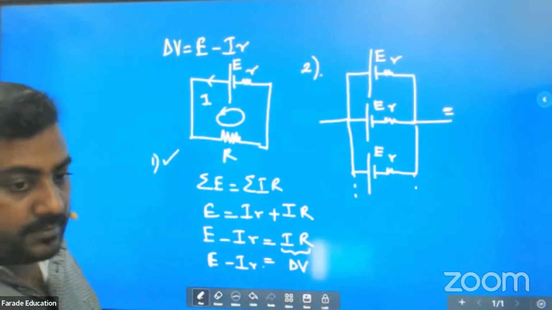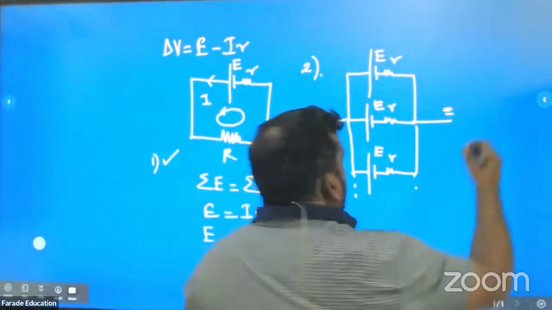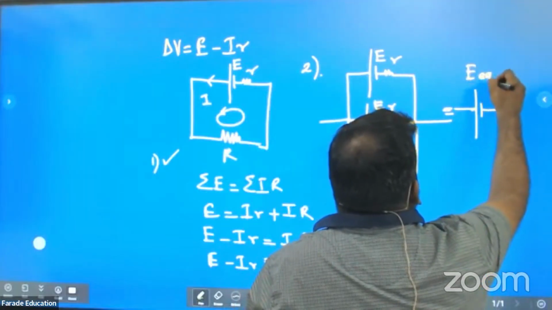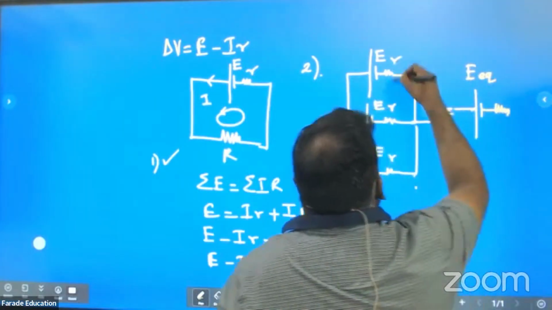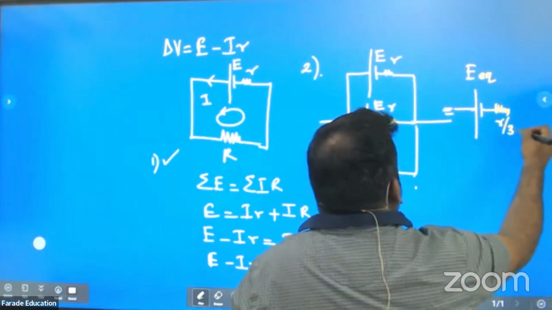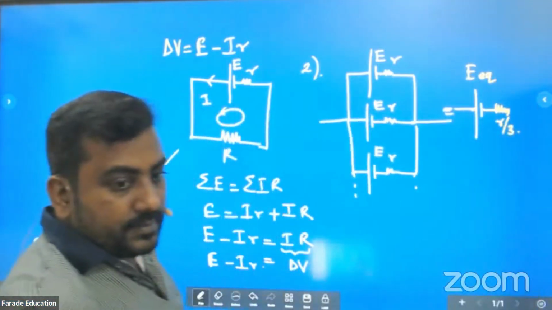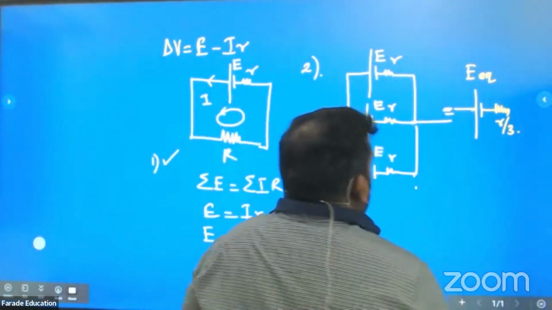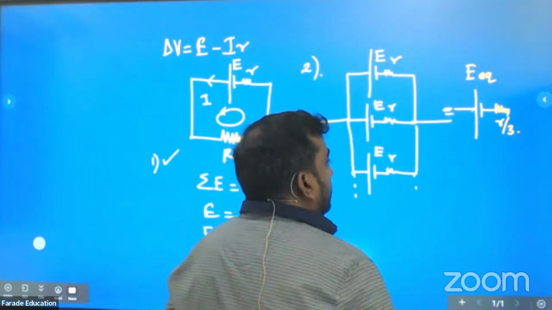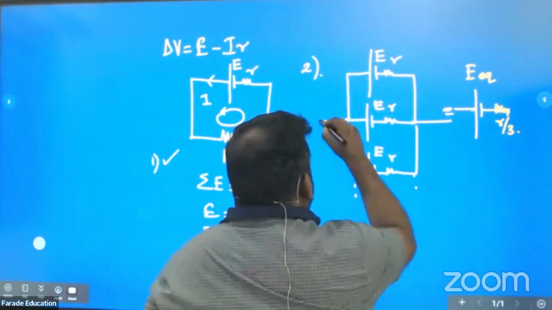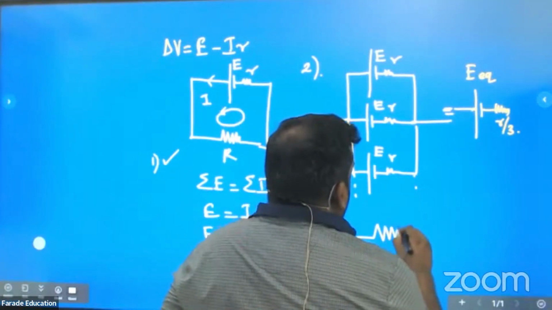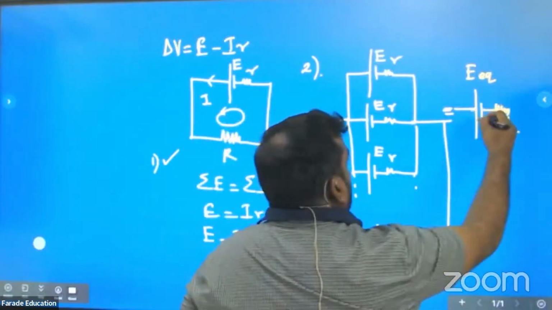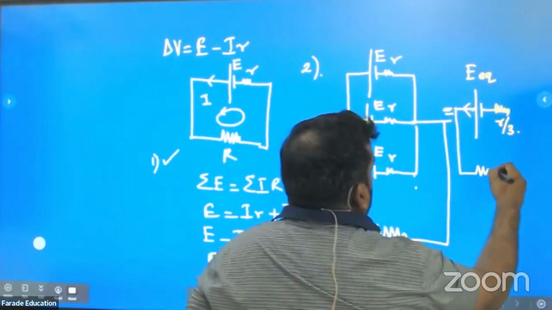What can you say about the equivalent? Look at the board carefully. Here there will be an equivalent EMF. All resistors are parallel to each other, so r over 3 is there. Let's say this is connected across the load resistor. Look at this carefully.